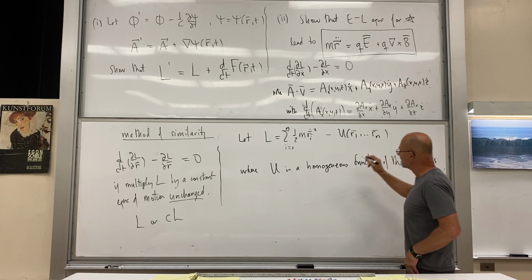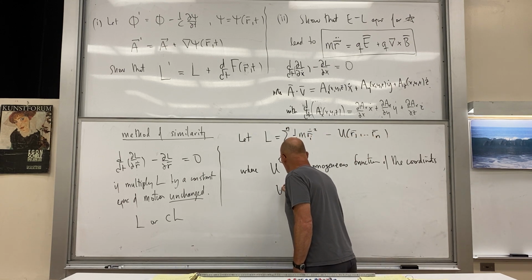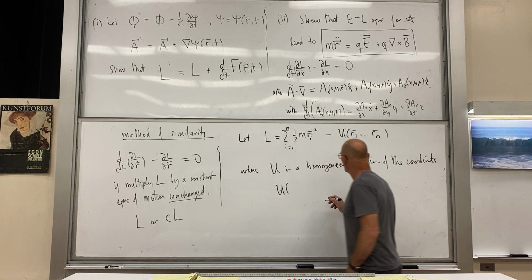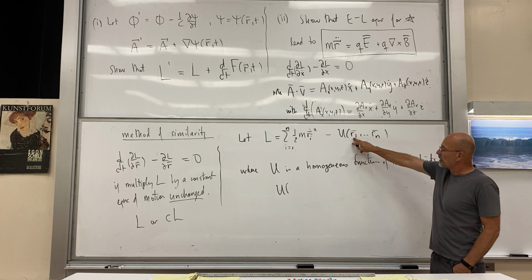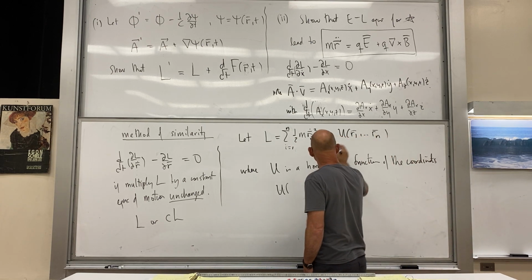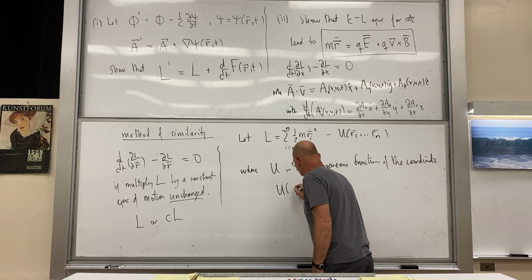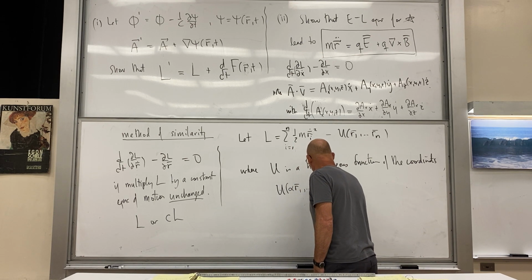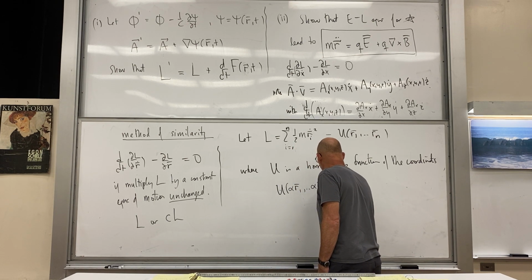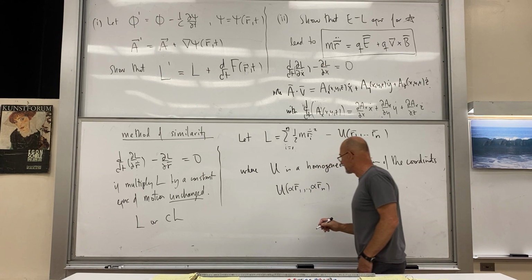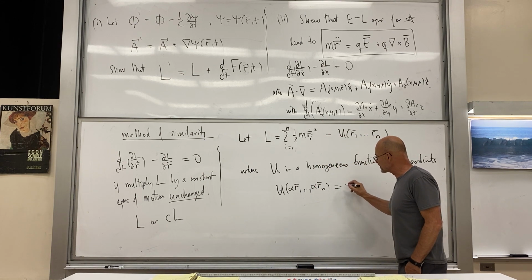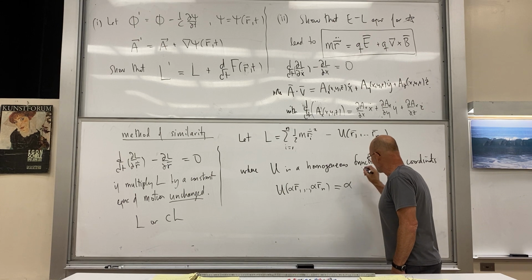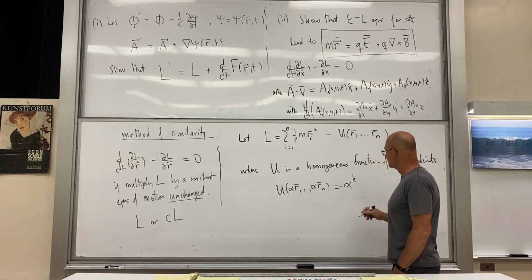And what that means is, if you rescale the coordinates, so say instead of U of r1, I have U of alpha r1, ..., alpha rn, then what that does to the potential energy is it multiplies it by a factor.